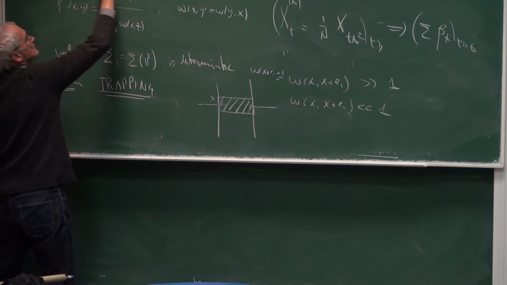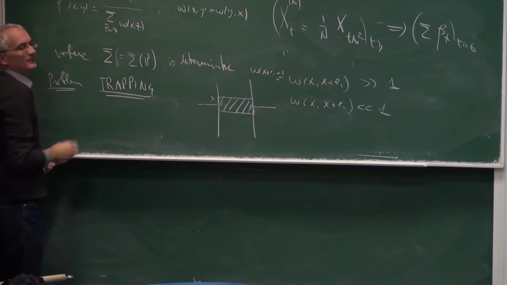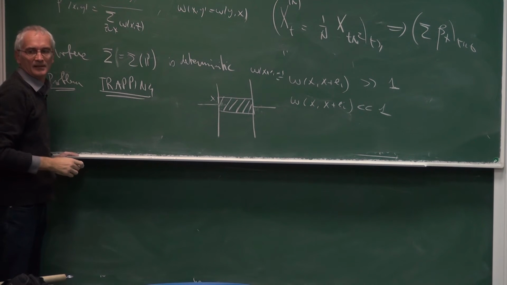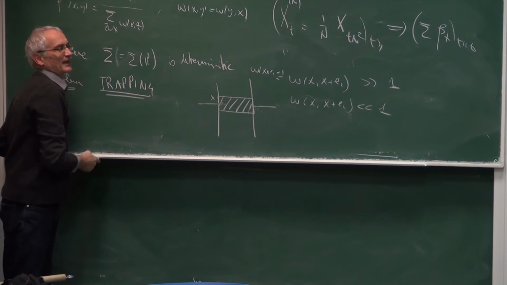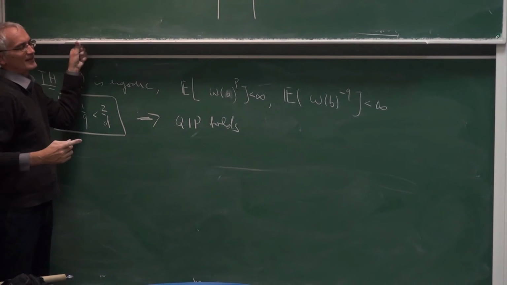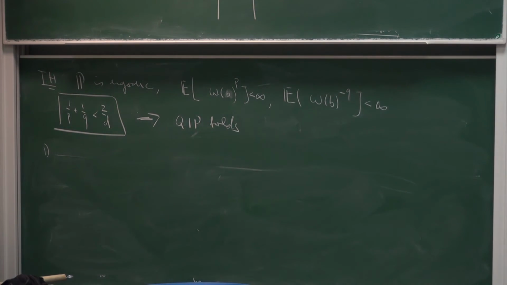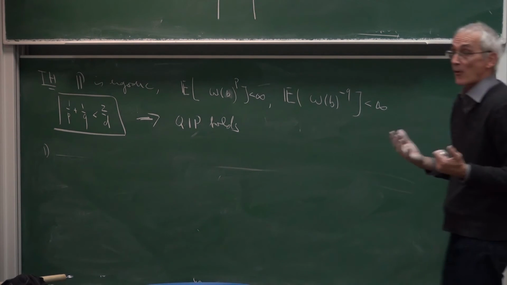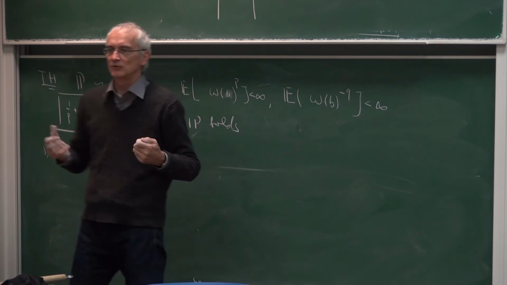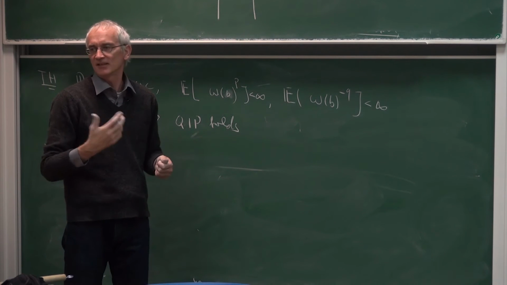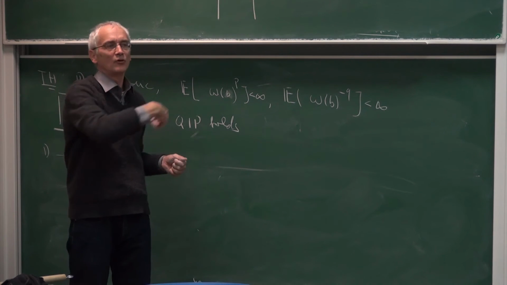Quenched means for P almost all. For the experimentalist, there are 2 ways, and it means the following. The experimentalist is going to cook up one medium, so he generates a medium, and then he looks at the walk for a long time on this medium.